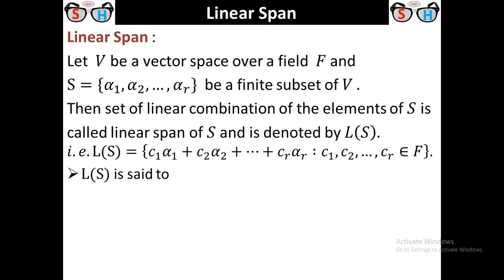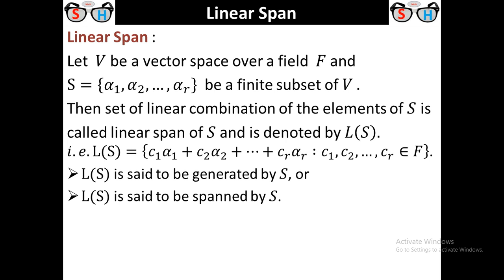Here L(S) is said to be generated by S, or spanned by S. It is called generated or spanned by S because the elements of S are alpha 1, alpha 2, ..., alpha r.